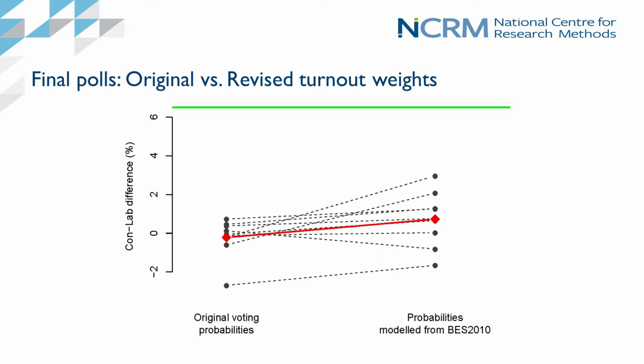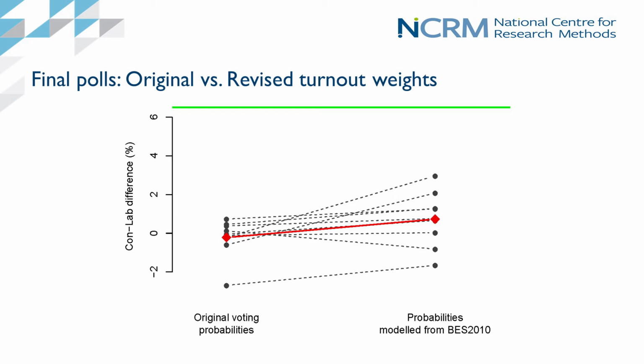On the right, the rest of the weights are unchanged, but we substitute for the company's turnout probability model one of our own, the same for all of them, specifically one which is based on estimates from the British Election Study 5 years ago, 2010, a model conditioned on age and turnout the time before, 2005 at that time. So that is an instance of one kind of modeling this, and there are various variants of this. You can see on the right the variability in the final estimates changes, but the average not much.